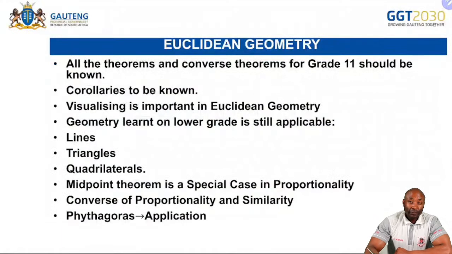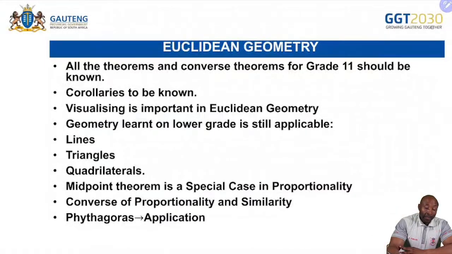Moving along, in Euclidean geometry, we must know all the theorems that we did in grade 11 and earlier grades. We must be able to visualize in Euclidean geometry, and we must be able to remember the properties of lines that are intersecting, and we must know the properties of all the triangles and the properties of all the quadrilaterals.